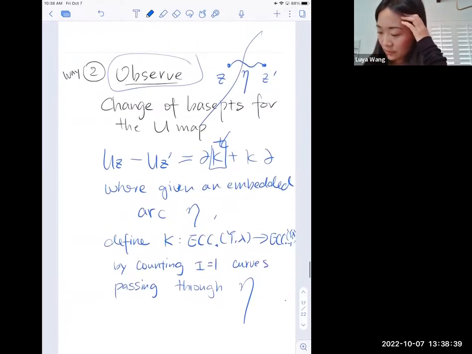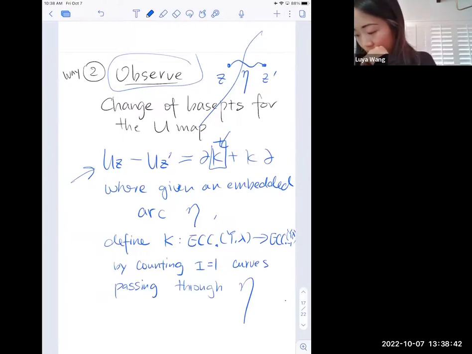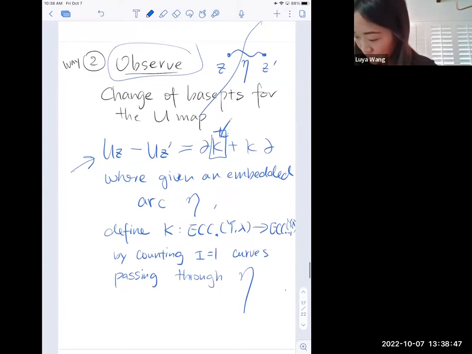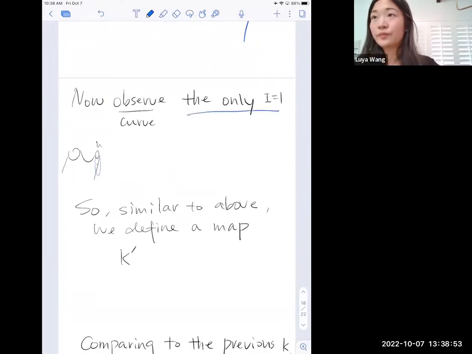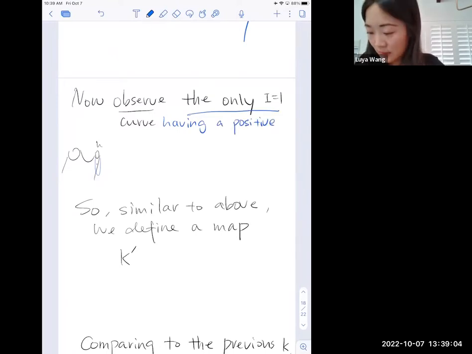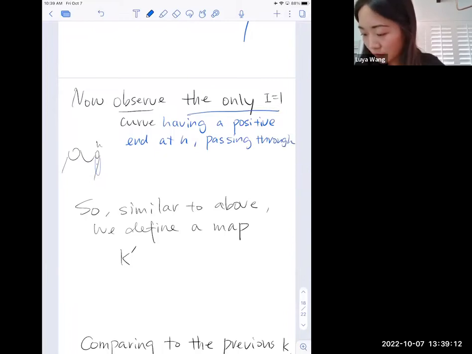Okay, so this is already done by Hutchings and Taubes, and they show this K is 0-dimensional, it's compact. And so what I do is that I observe the only index 1 curve having a positive end at H passing through this point P that I picked to be on the southern hemisphere is P south.